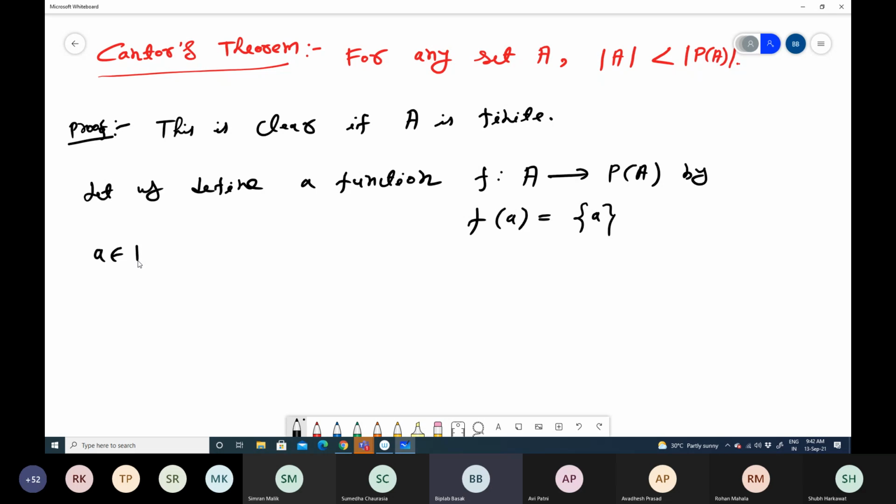Now if a belongs to A, then the singleton {a} is a subset of A, right? So that implies it belongs to the power set of A. Okay, and clearly this is injective.